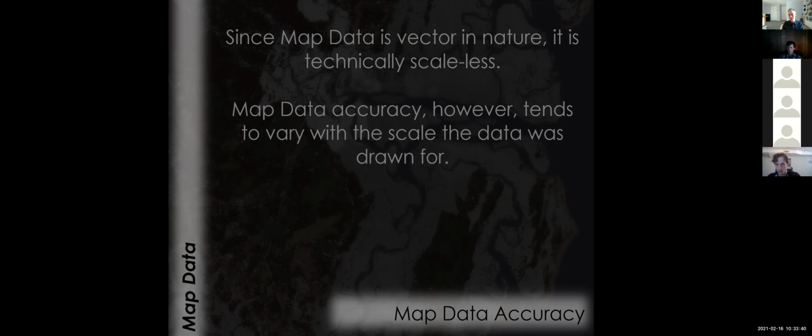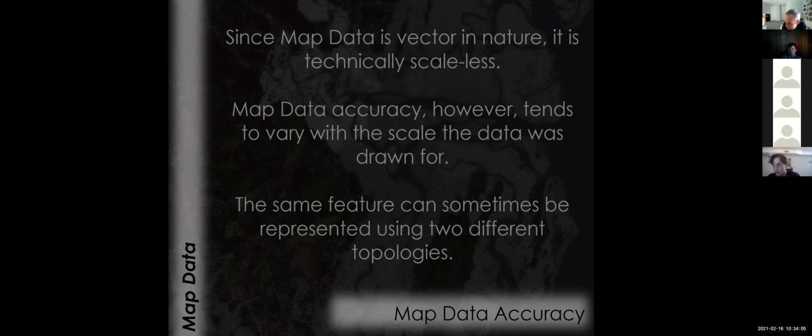And at a national scale, if you're off by a couple of miles, it's no big deal. But if you zoom in at a close level of magnification, then those couple of miles can become a very big deal. So it depends on who was drawing that information and what scale it was intended for. That helps determine the accuracy of that data.